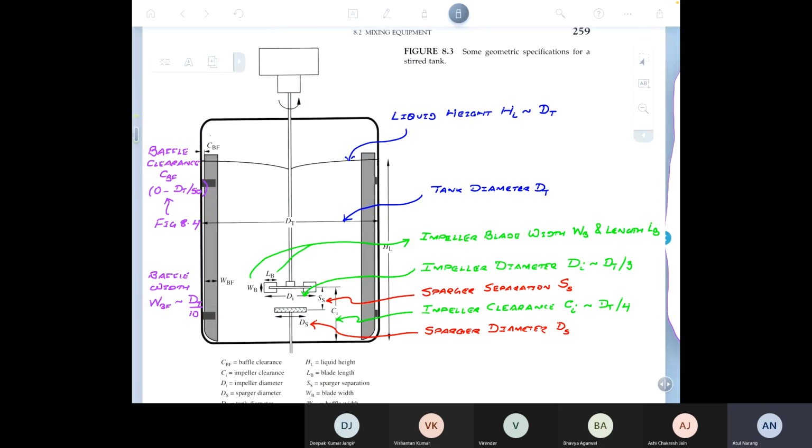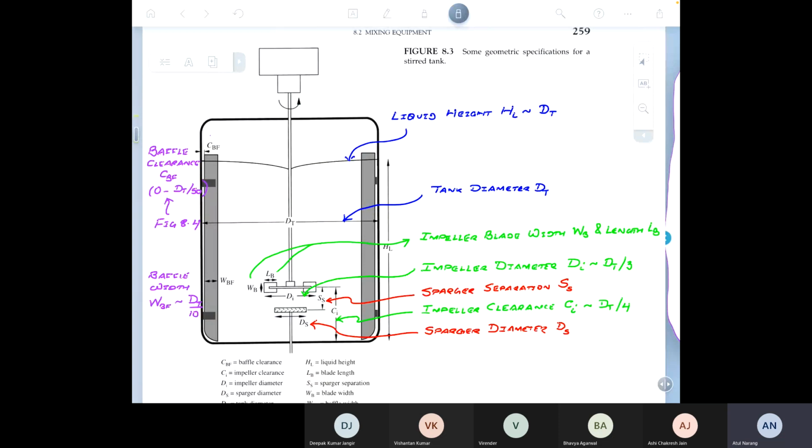So finally, the baffle clearance, which is denoted CBF on the left, is very small. As you can see, it is between 0 and 1/50th of the tank diameter. That too, only when the viscosity of the liquid is low.